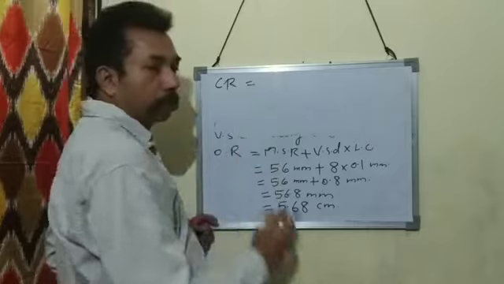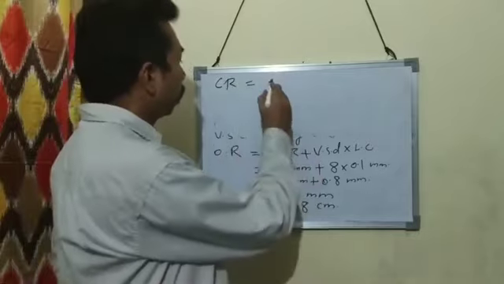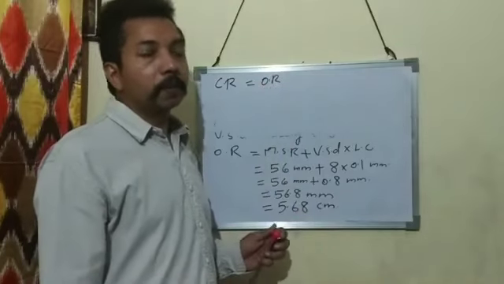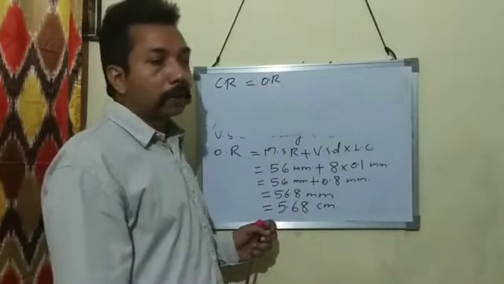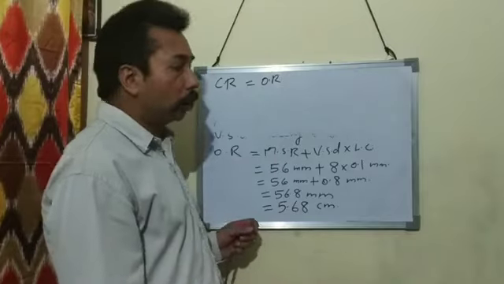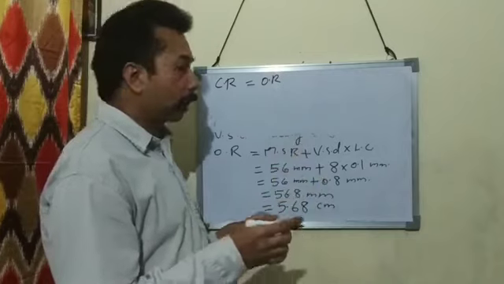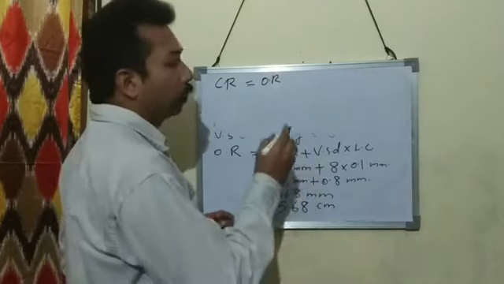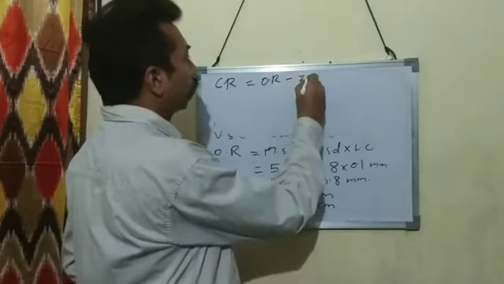Corrected reading is equal to observed reading minus zero error. When there is negative error, then minus plus, we have to do. So corrected reading is observed reading minus zero error, that means 5.68 minus 0.07.